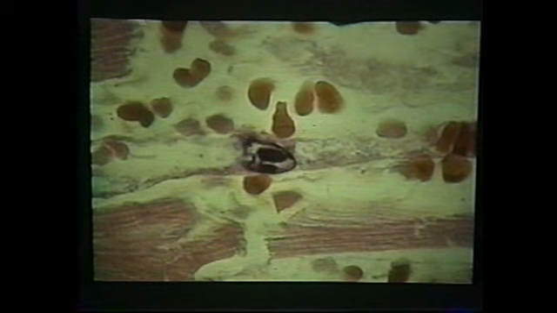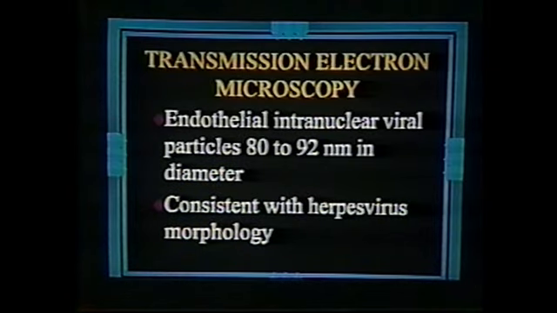Along with this injury to the endothelial cell, there is extravasation of red cells and edema, and hence the pathogenesis appears to be that of quite severe capillary injury as the virus replicates, with hemorrhage and edema and death and cardiac arrest.